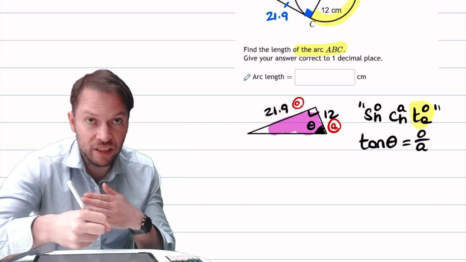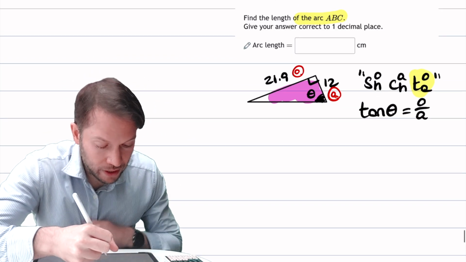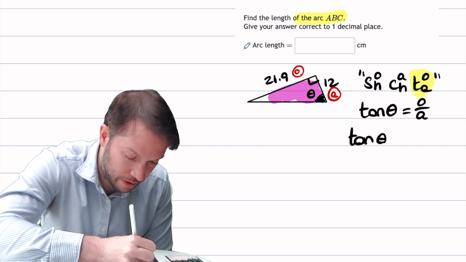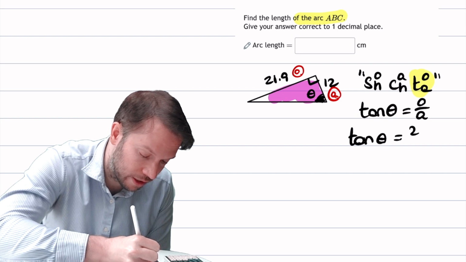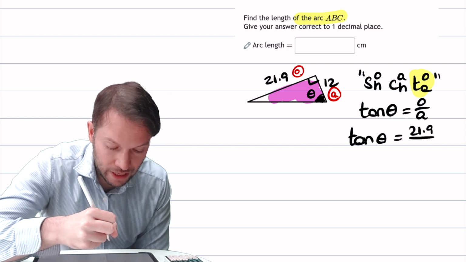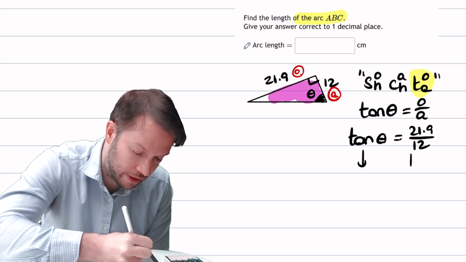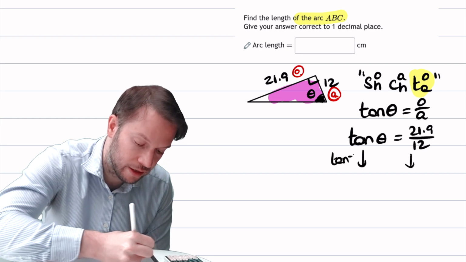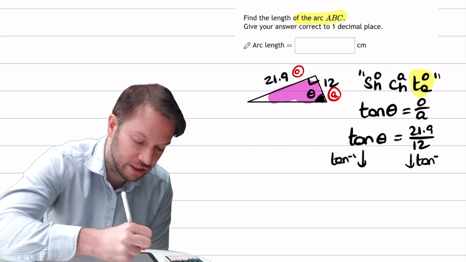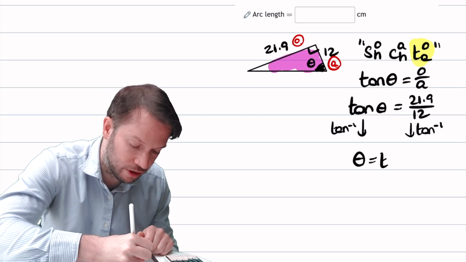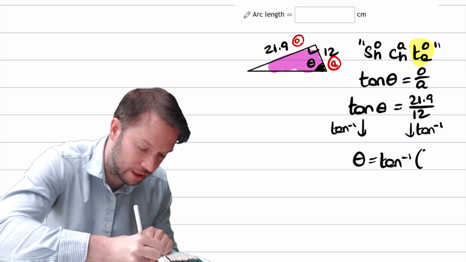And if that doesn't seem familiar to you, please watch my videos on that first. So let's just substitute everything in. We've got tan of theta is O, which is 21.9, over A, which is 12. And then to get rid of that tan in front of the theta, we do inverse tan of both sides. So tan to the -1, it's written as. So the inverse tan cancels out the tan, and then we still have to do inverse tan of the right-hand side.